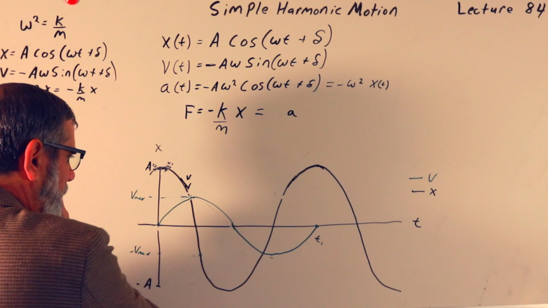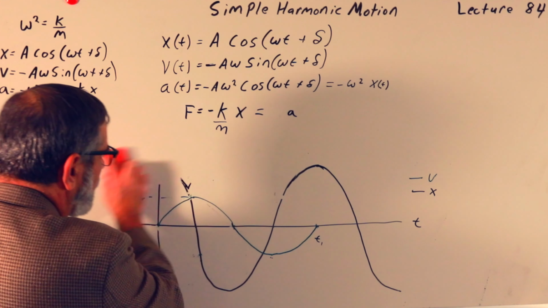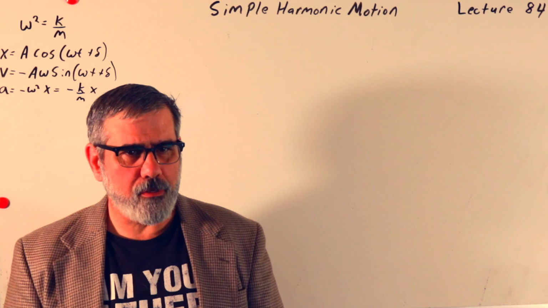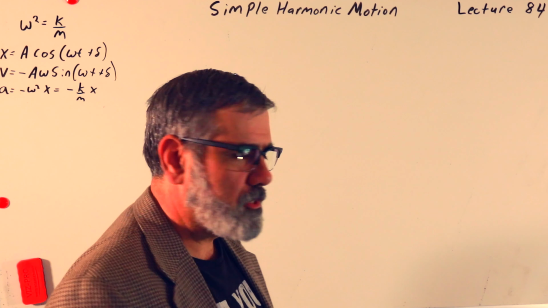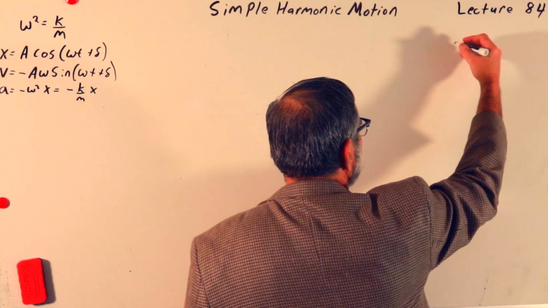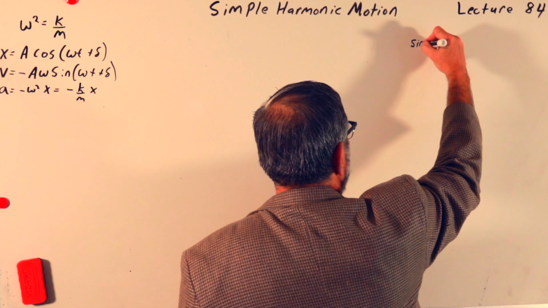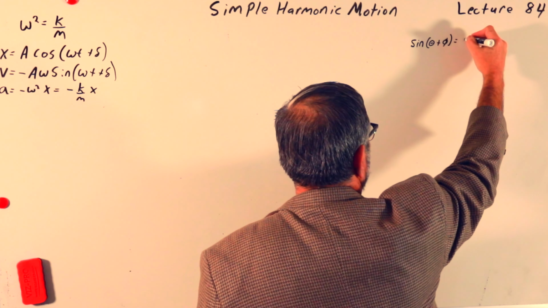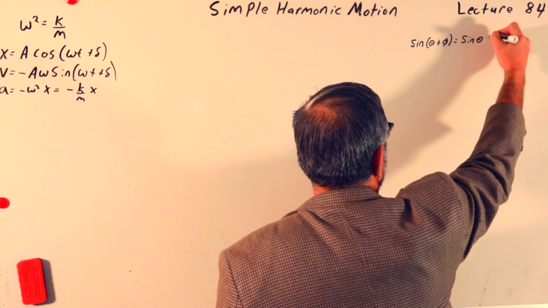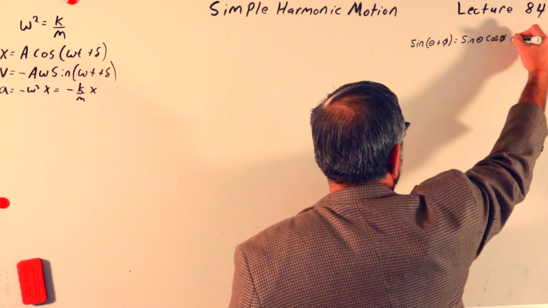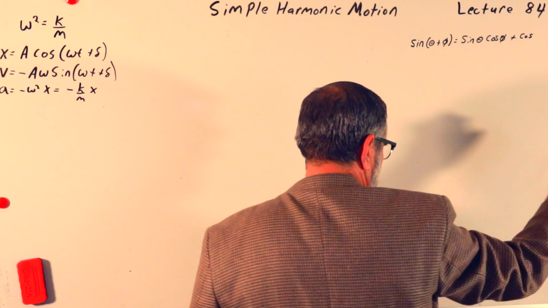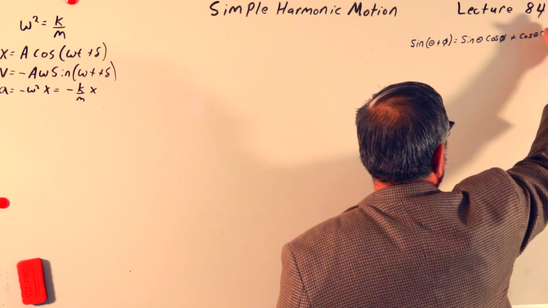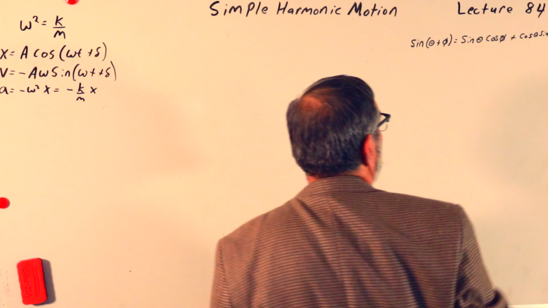Yeah, that looks good. So what I want to do next is use our trigonometry skills, in particular a couple of identities, which I'll write over here for reference. Recall that the sine of theta plus phi is equal to the sine of theta times the cosine of phi plus the cosine of theta times the sine of phi.